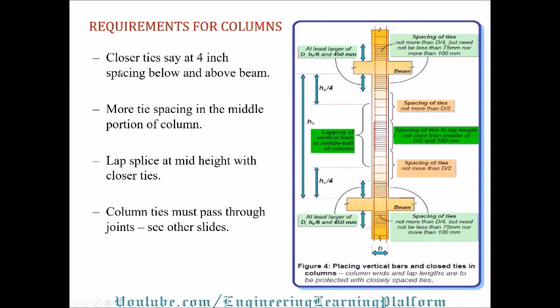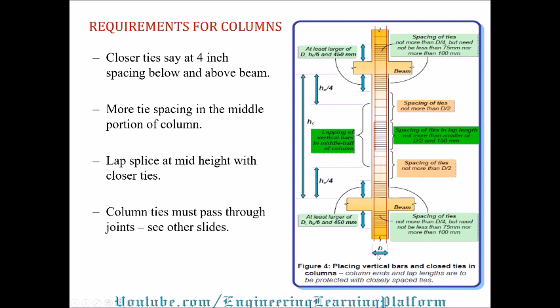Requirements for the columns. Similar to beams, there are specific requirements for columns, especially in high seismic zones, which we are discussing in the figure. At least the larger of D, Hc/6, and 450 millimeters should be the distance over which closed stirrups should be provided.